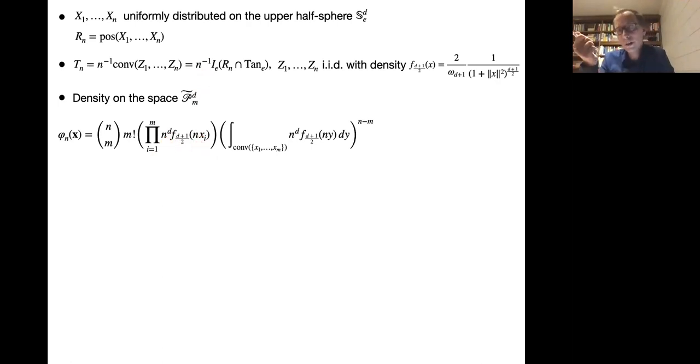And then you have to ensure that all the remaining n minus m points are in the convex hull of the vertices that we have selected. The probability for this is exactly the integral over the convex hull of your vertices of the density. And again, you have some rescaling here because you rescale the profiles. This is the density of these random polytopes.